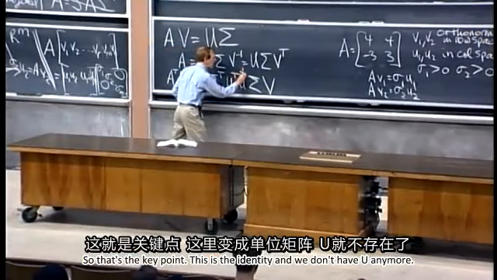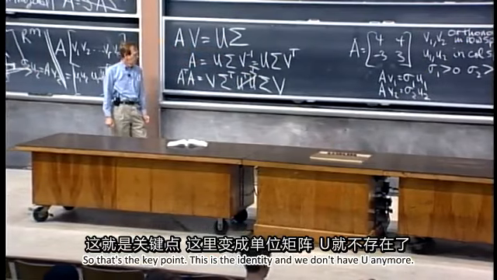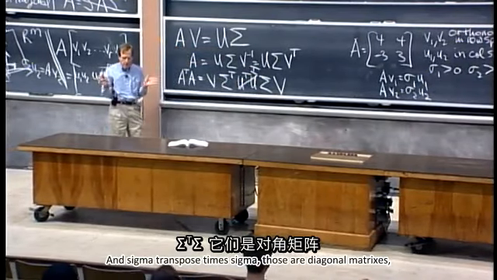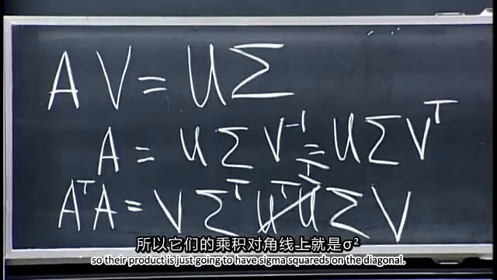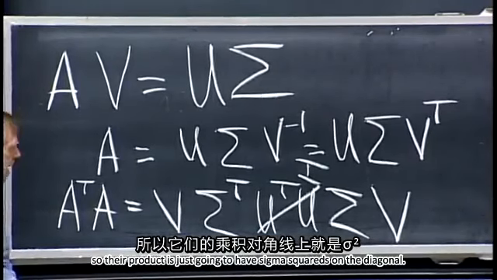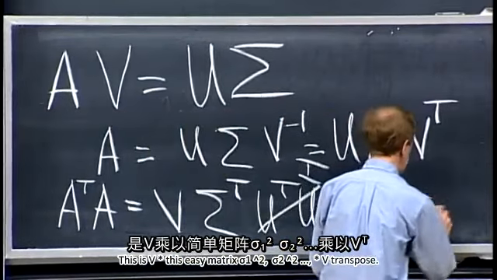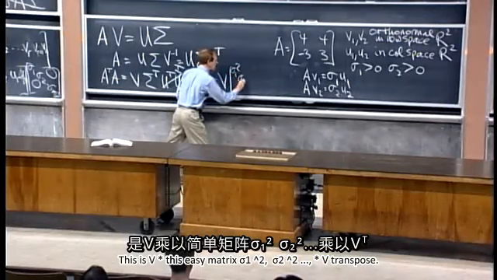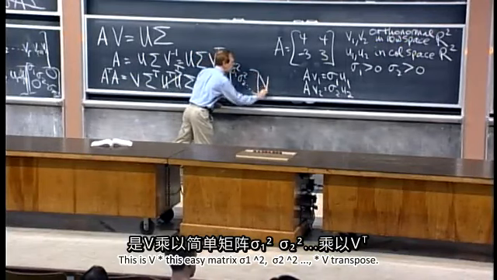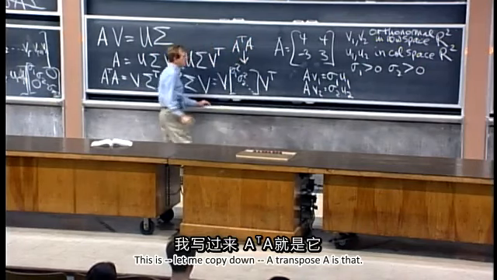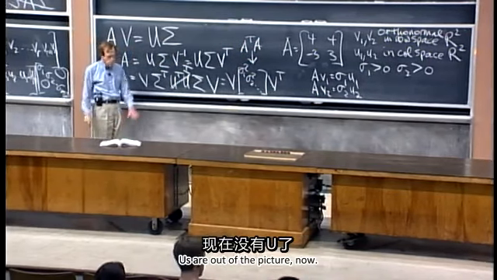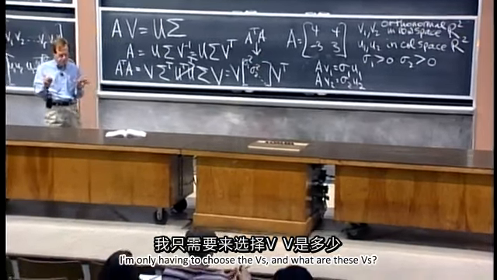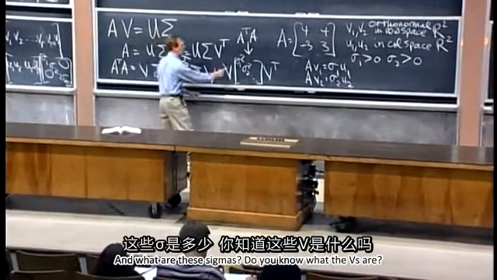This is the identity, and we don't have U anymore. And sigma transpose times sigma, those are diagonal matrices, so their product is just going to have sigma squareds on the diagonal. So do you see what we've got here? This is V times this easy matrix, sigma 1 squared, sigma 2 squared, times V transpose. This is A transpose A. U's are out of the picture now. I'm only having to choose the V's. And what are these V's? And what are these sigmas?